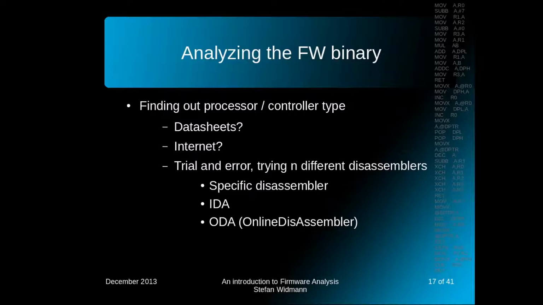But the freeware only has a small set of architectures, and if you want the full set, it's getting very expensive. But there's a new tool that I really like. It's ODA, the online disassembler, supporting 30-something architectures, and it's free. You can upload binary files, you can upload code, and you can try different architectures to find out what might be the correct one. And we'll do that now.